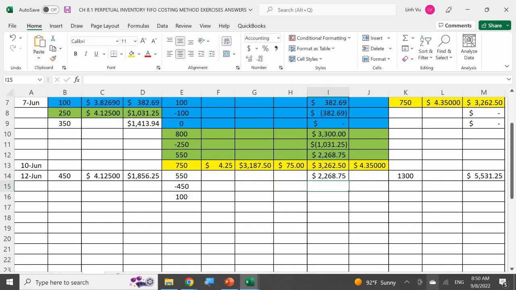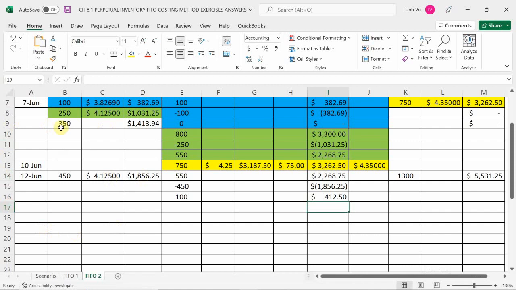And 2,268.75 minus 1,856.25, I should have 412.50, right? And we know this because 100 times $4.125 will give you 412.50. So in this case, good. We already recognize that much.